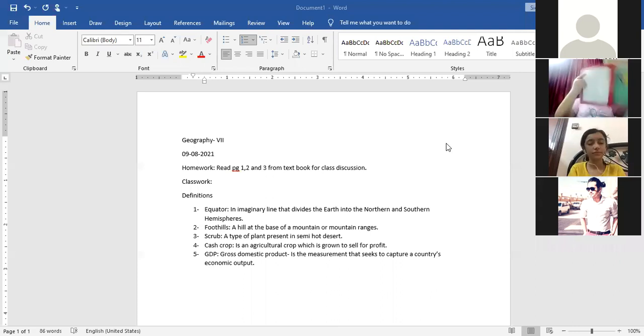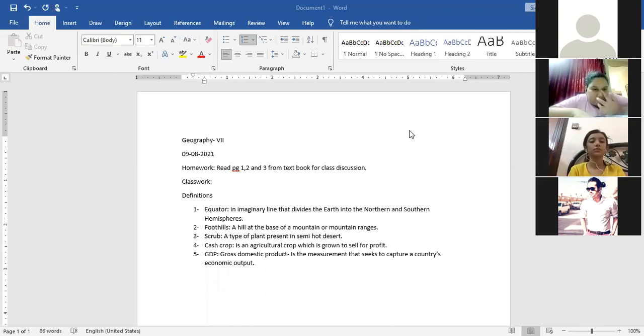So, the first one is the equator, which is basically an imaginary line that divides the earth into the northern and southern hemisphere. So, the equator divides the earth into two parts, the northern and southern hemispheres.